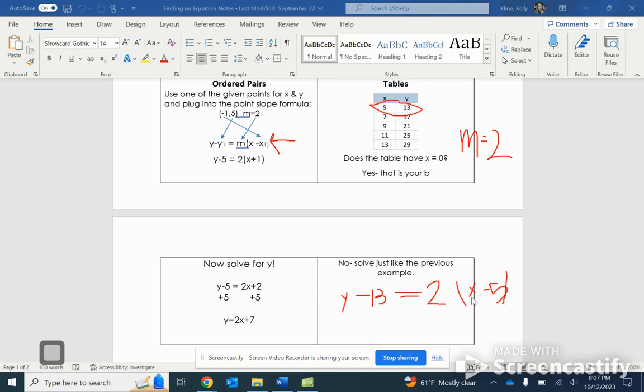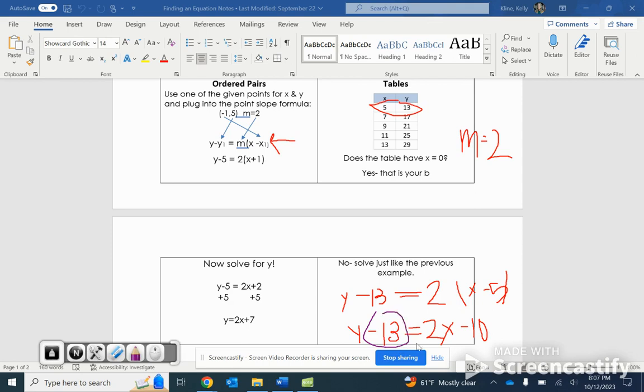Ooh, sorry. You're going to distribute here. 2 times x is a 2x. And 2 times a negative 5 is a negative 10. And then you have y minus 13 on this side. So in order to get y by itself, which is what you're solving for here in this equation right here, just know all you're going to do is move this number over.